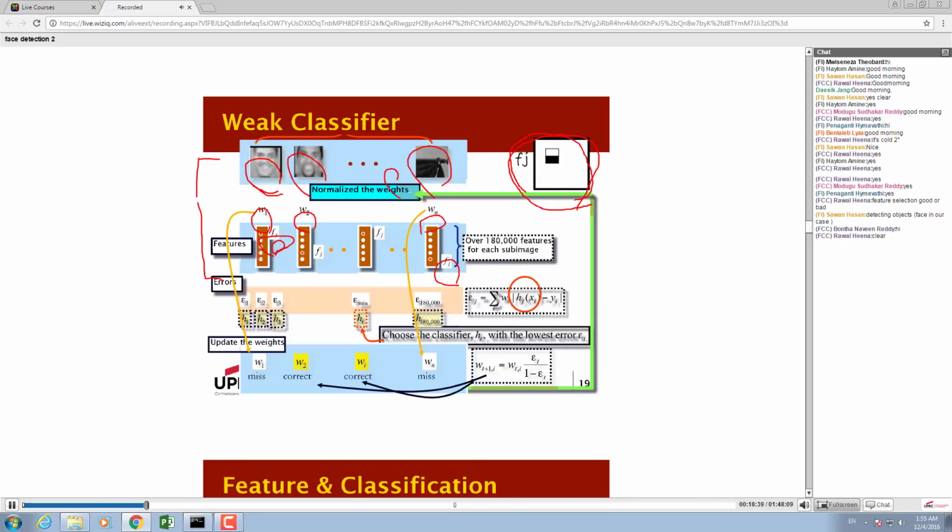The index J in this slide represents the feature index. So Fj means feature index J. J can be 1, 2, 3, 4, and so on. The last one can be 180,000, for example.